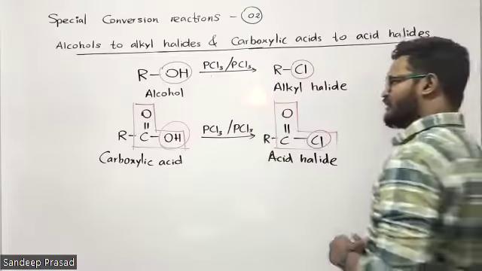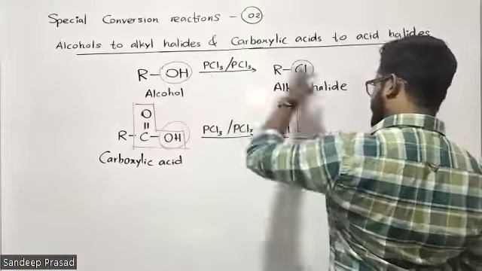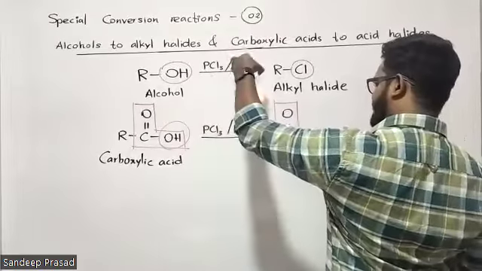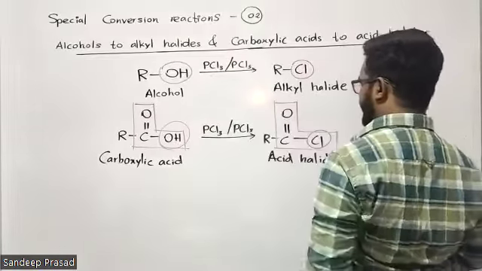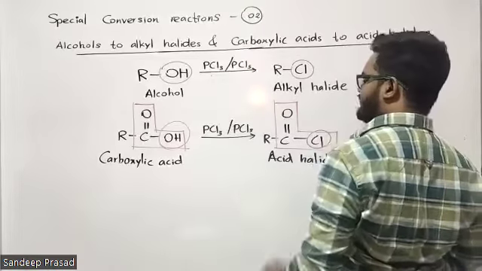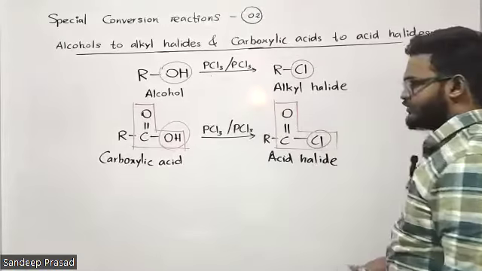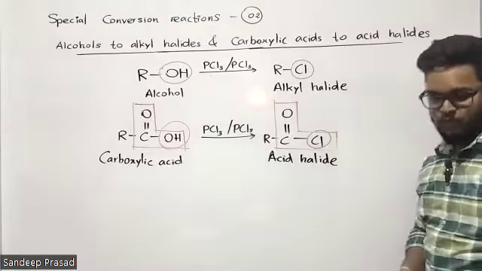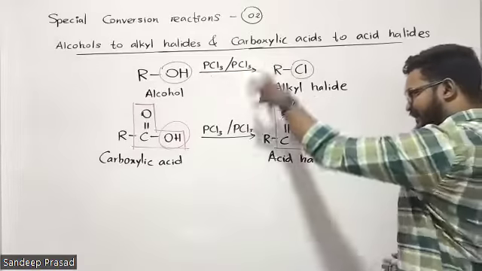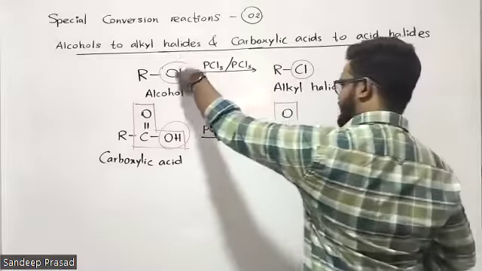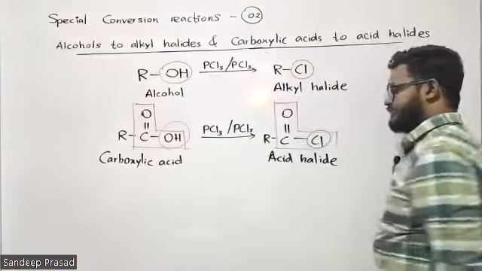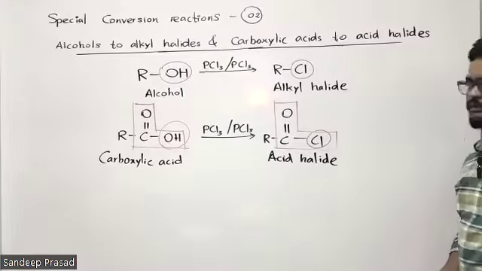In order to convert this OH group into Cl, we can add PCl3 or PCl5, then it will convert into chlorine. And if you add PBr3, then you can convert it into the corresponding bromide compound, right? So quickly write down. Put those things in red color pen. Circle everything quickly.